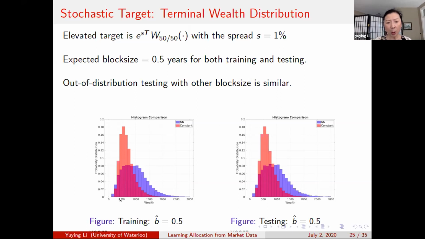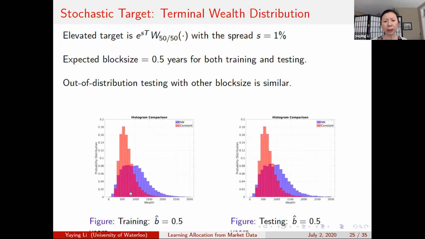Okay, so here the plot is a histogram, different way of looking at distribution of the terminal wealth. The blue one comes from the optimal neural network strategy, and this pinkish one is the distribution of the wealth from 50% allocation.